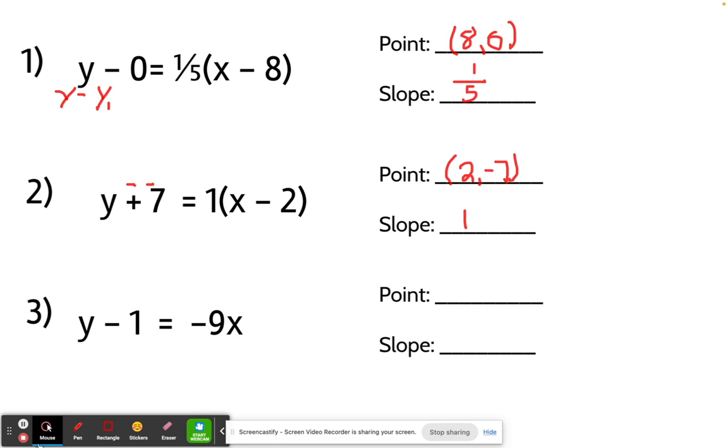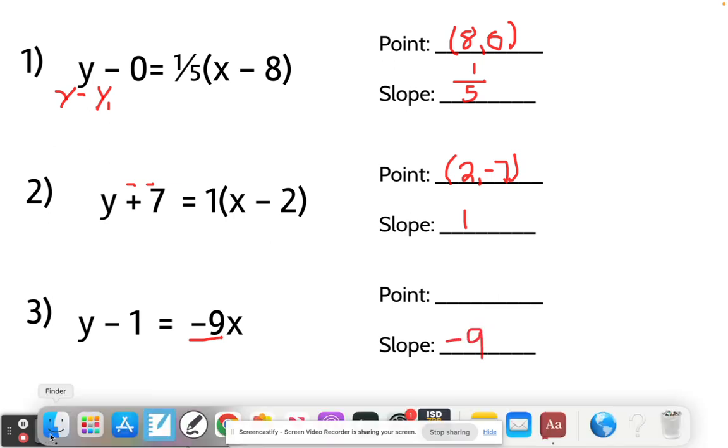What about this one? What's my coordinate here? Well, you can see that I have negative 9 here. So my slope is negative 9.